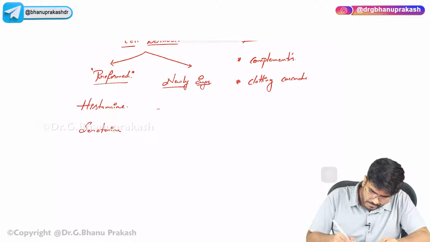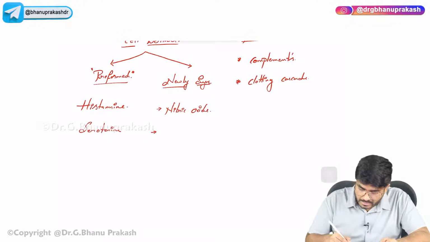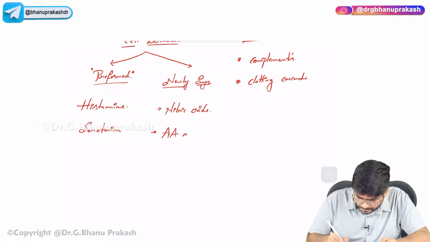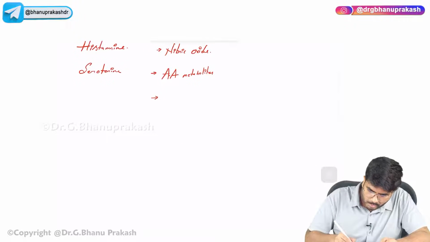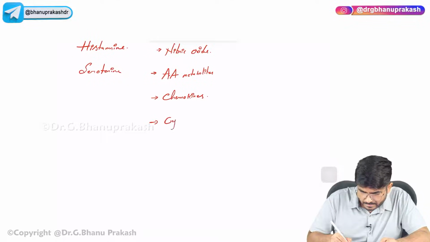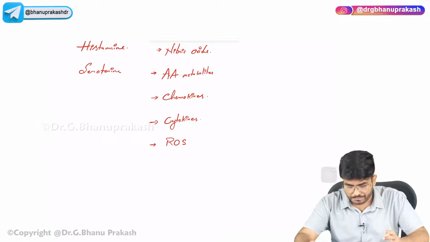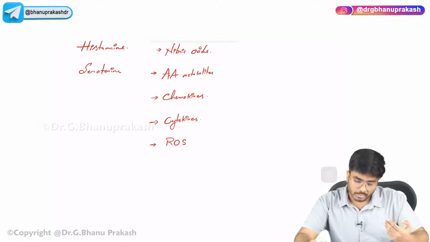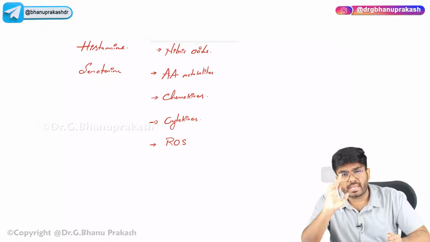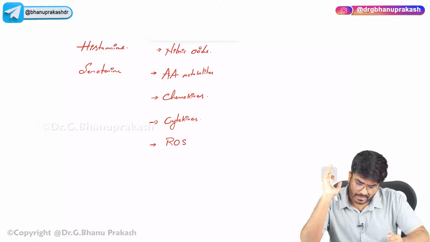Newly synthesized include nitric oxide, arachidonic acid metabolites, chemokines, cytokines, and reactive oxygen species. So all these are examples of inflammatory mediators which are newly synthesized.